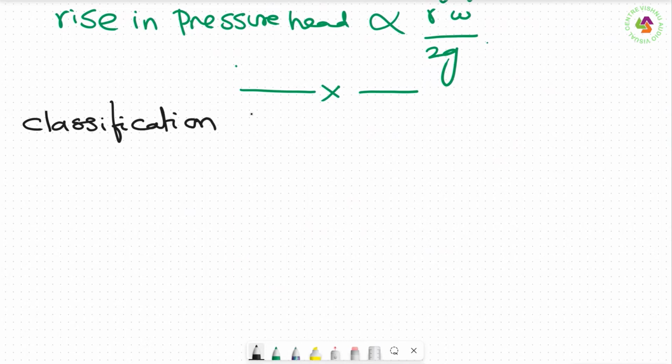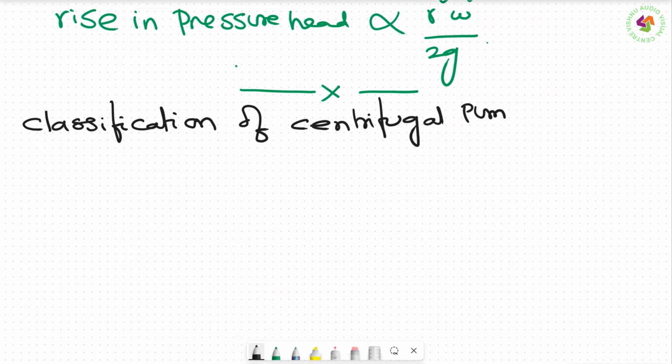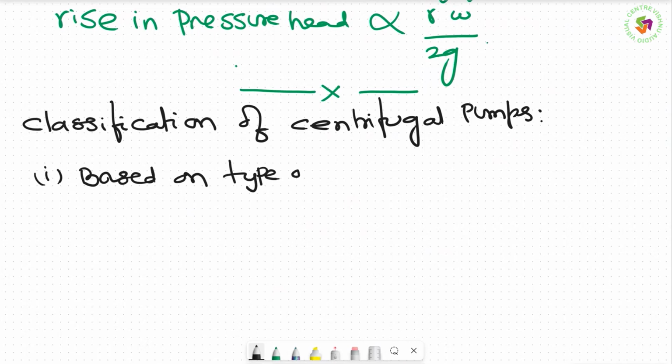Classification of centrifugal pumps. On the basis of different characteristic features, centrifugal pumps can be classified. Number one, based on the type of casing. What is the casing surrounding it?